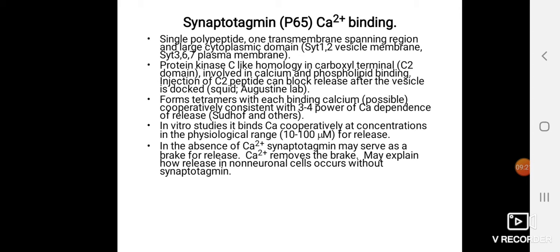Protein kinase C like homology is seen in the carboxy terminal of synaptotagmin, so it is going to bind with calcium.